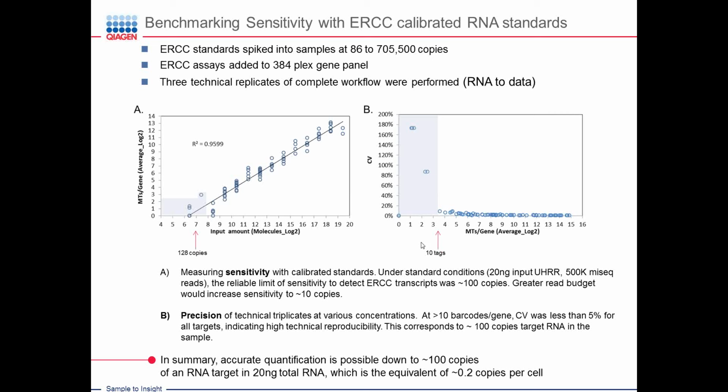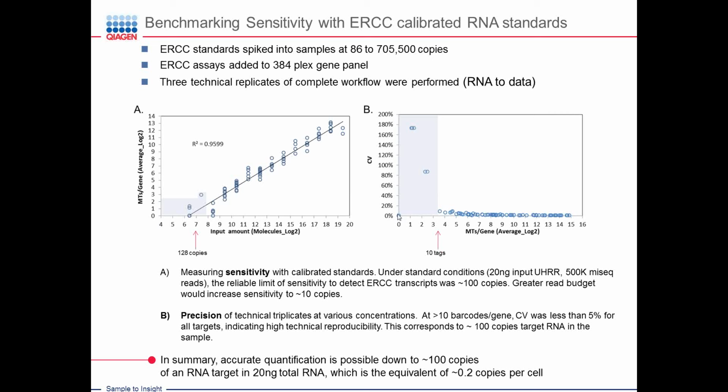And so what's interesting here, if we look at the left side, you can see molecular tags captured per target. So that's how many unique targets we captured versus the input amount. And you can see things fall apart a little bit right about where we hit about 100 copies. And now we could have sequenced this deeper and probably firmed up those numbers, but it's an interesting point because if you look on the right side, it pretty much says the same thing.